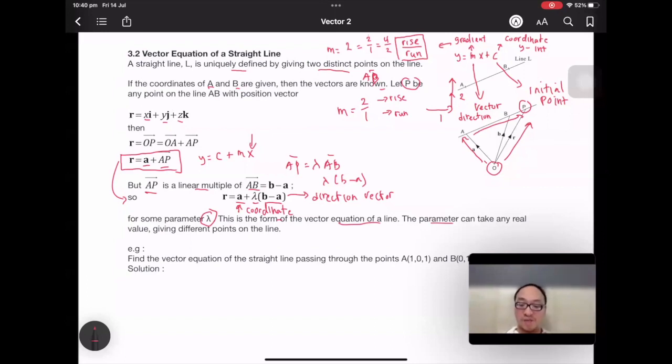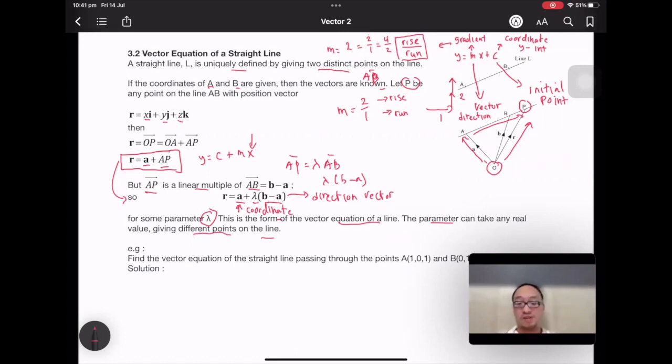The parameter lambda can take any real value. It can be positive, negative, integer, or decimal. Any real number. Different parameter values mean we will have different points on the line.